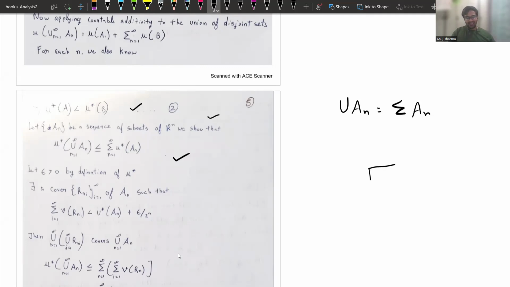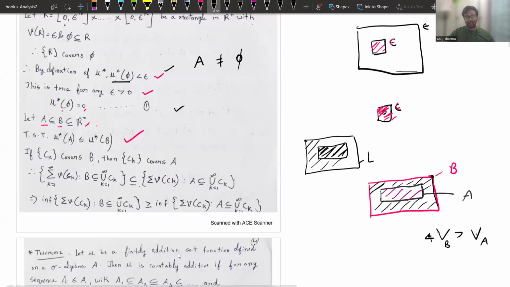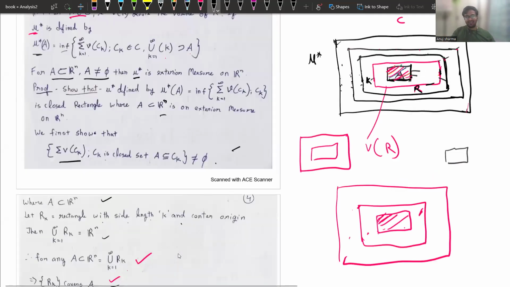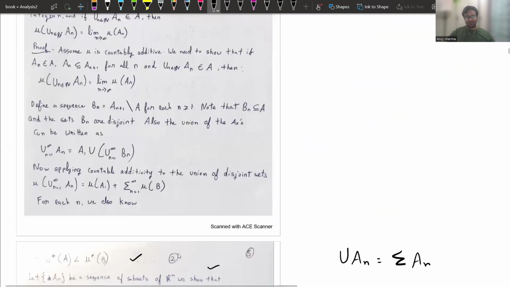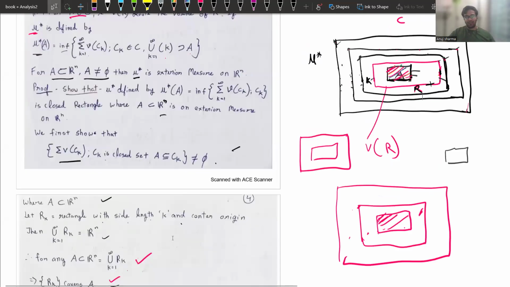So let's say that this is a small set. This is all happening inside the bigger rectangle. Imagine it is happening on any part of this.